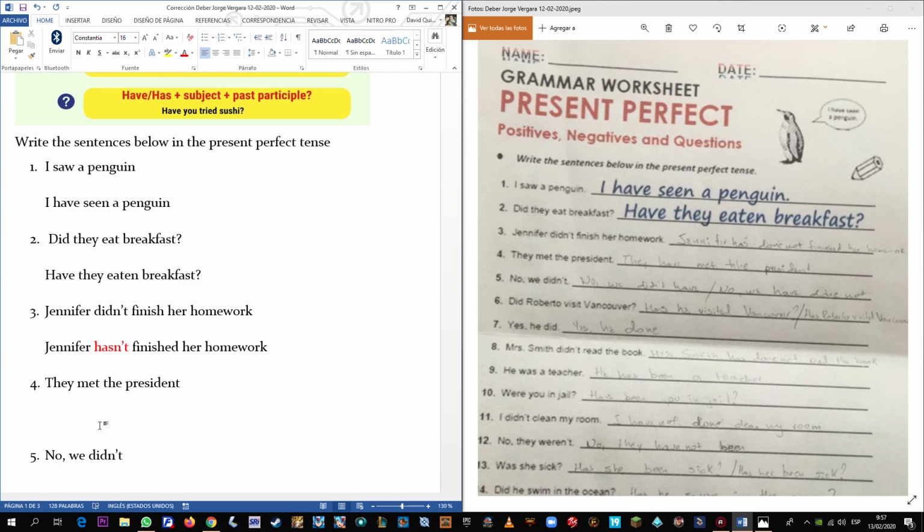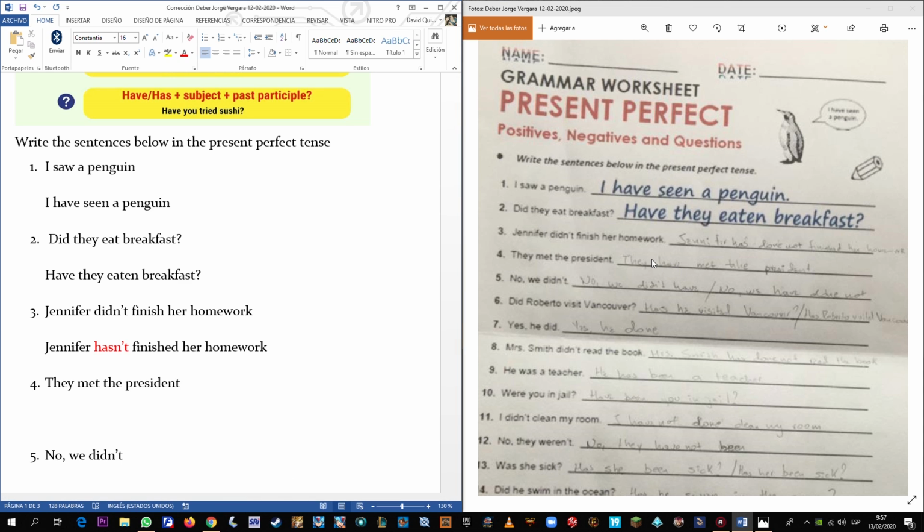Now let's take a look at the fourth. It says they met the president. Our student has written, they have met the president. I think it says have or has. Well, it says have.